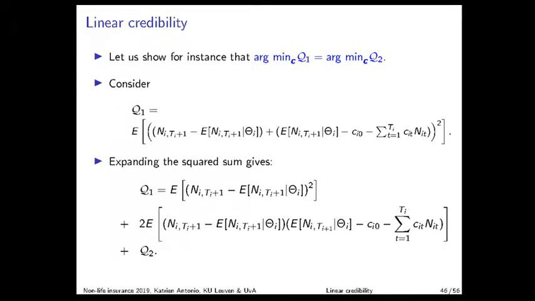Using a reasoning similar to what we did on sheets 29 till 30, when discussing the minimum mean squared error estimator of y from random variables x1 until xn, we'll show here on this sheet that the middle term in our expression is 0. Since the first term in the expression does not depend on the unknown coefficients c_i0 until c_it_i, we see that the minimization problems specified by Q1 and Q2 will have the same solution.